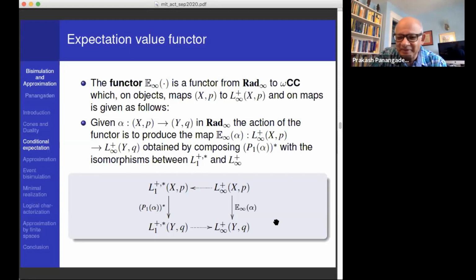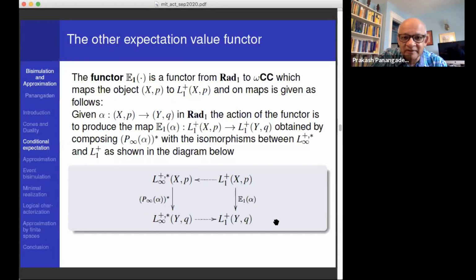You can look at it in concrete examples, and it will actually turn out to give you the expectation value, which is a detailed calculation I won't do here. As I said, there's an E1 version of this, which I will just flash for you, and you can see the similarity. Again, it's mediated by precomposition dualized and the isomorphisms.